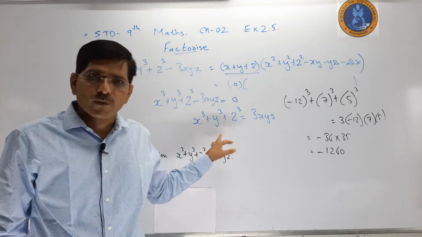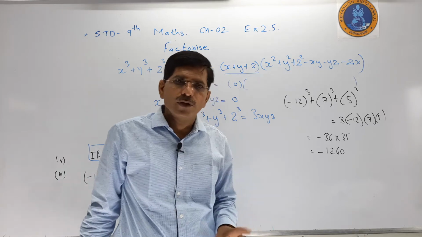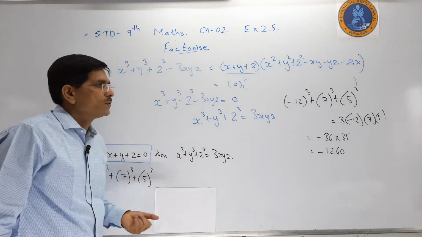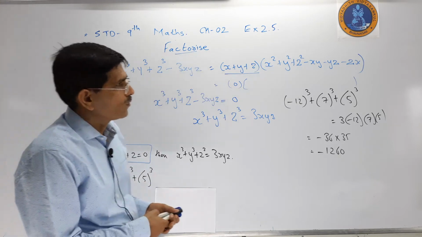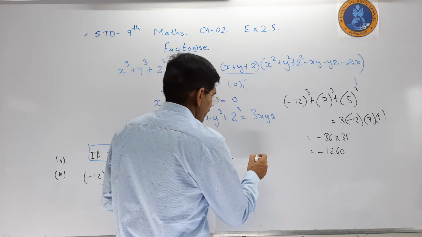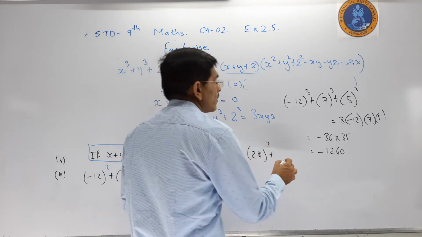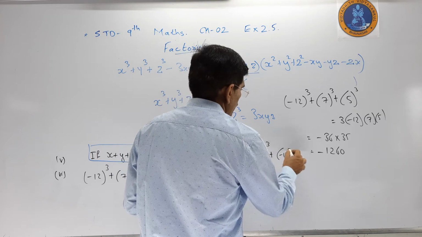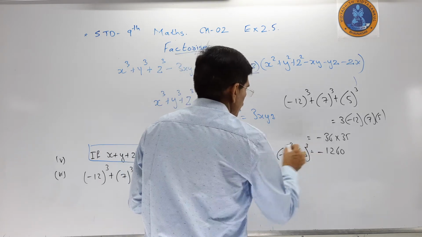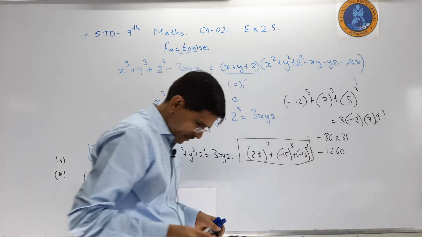What way are we doing it here? x cube plus y cube plus z cube is equal to 3xyz, we can put if x plus y plus z is equal to 0. Now one more sum, try it yourself and give me the answer: 28 whole cube plus minus 15 whole cube plus minus 13 whole cube.